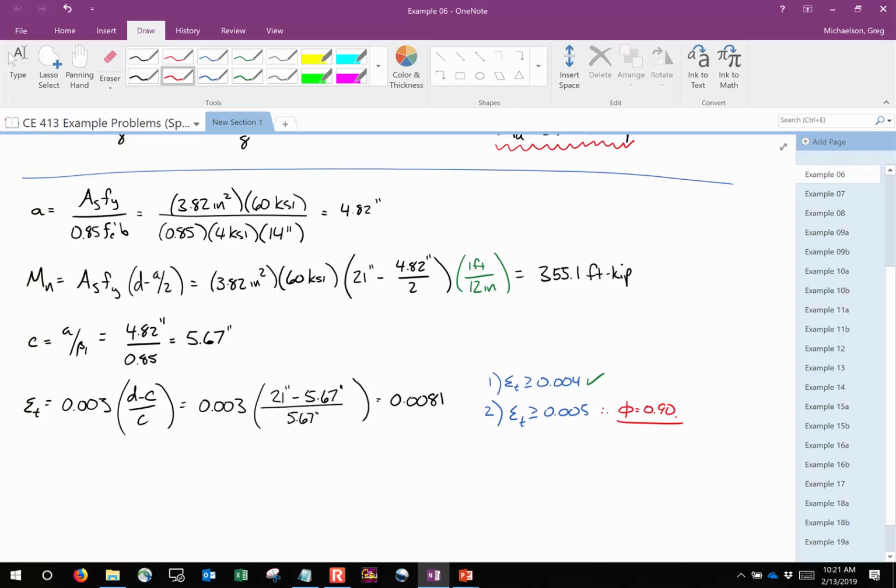All right, so we can compute phi Mn. We can compute phi Mn by saying 0.9 times 355.1 foot-kips.